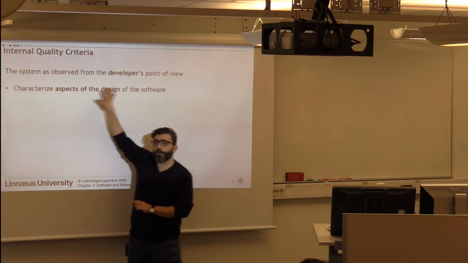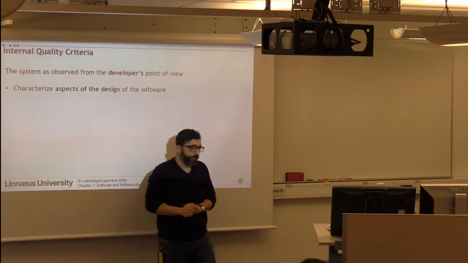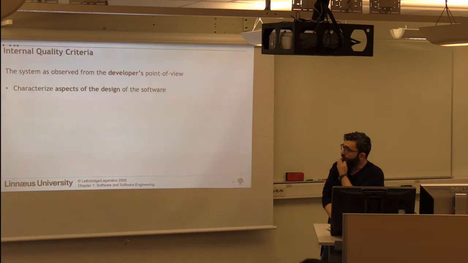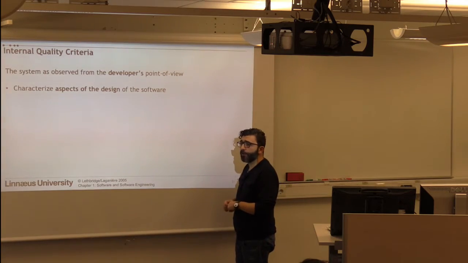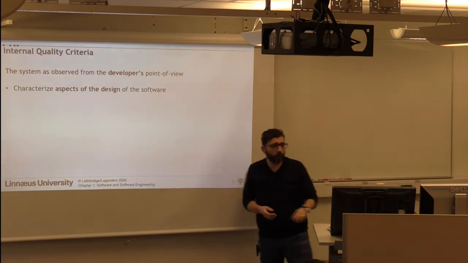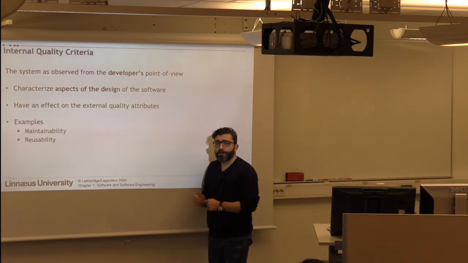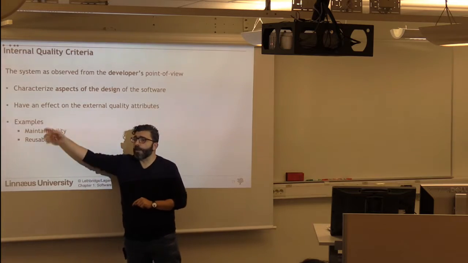That's where we will focus in this course. And it's important because analyzing the software from the internal point of view also has an impact on the external qualities. For example, maintainability.